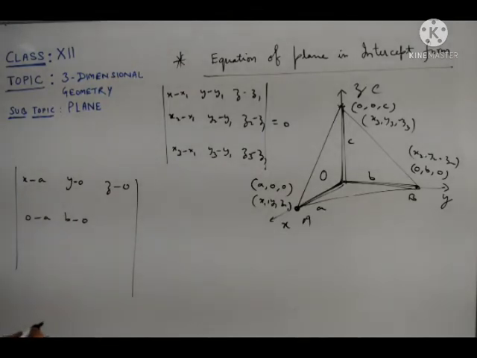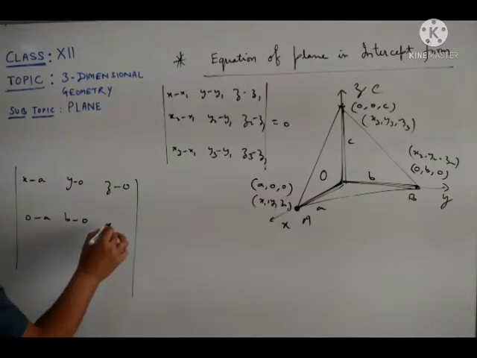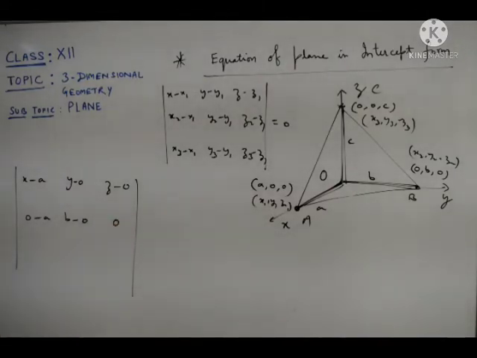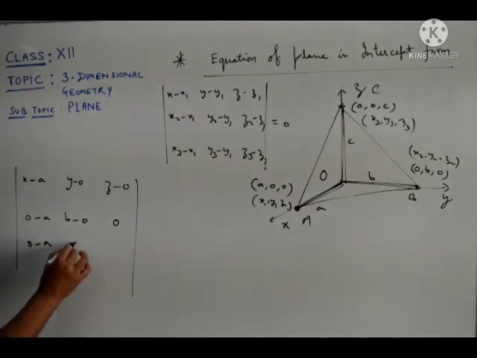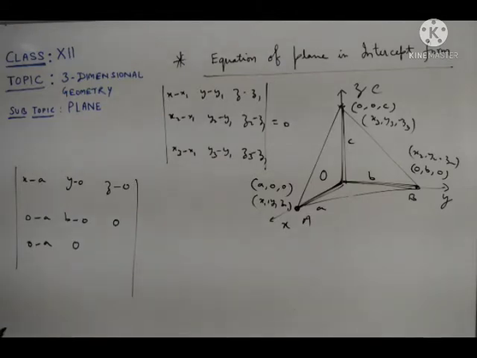Then we have z2 minus z1, that is 0 minus 0 is 0. Then we have x3 minus x1, that is 0 minus a, y3 minus y1, that is 0 minus 0 is 0, and at last we have z3 minus z1, that is c minus 0.